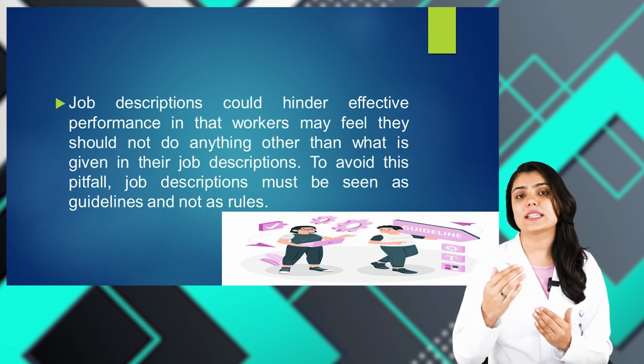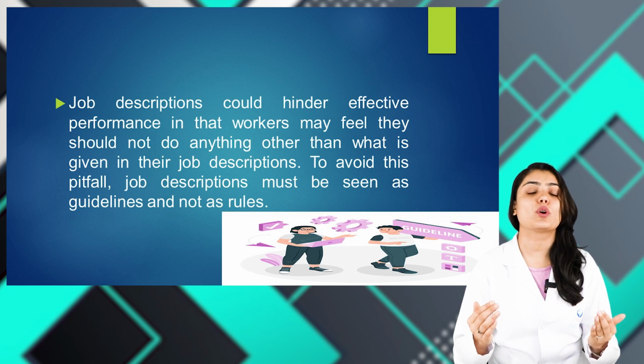So when any work is assigned to them, they may say, this is not my job. That happens because people think that only those written statements are the responsibilities to be carried out by them. Therefore, in order to avoid such problems, the job description must be seen as a guideline and not as a rule. I hope you've got a basic idea about what a job description is.